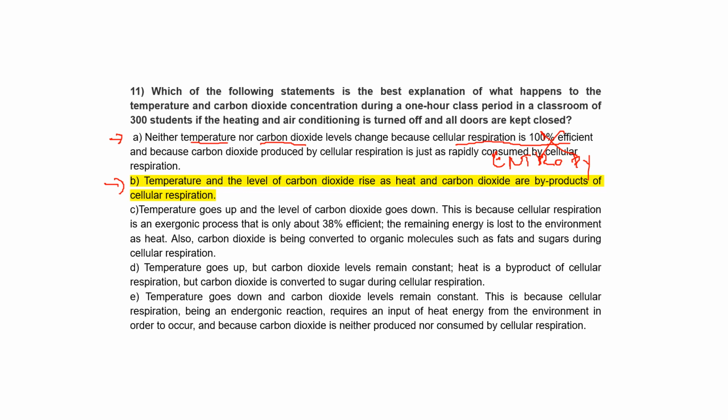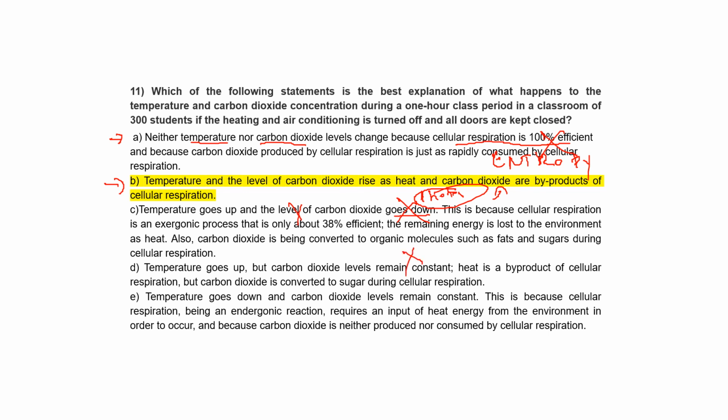Then, the temperature goes up and the level of the carbon dioxide goes down. This is just wrong because it's in photosynthesis, but even in photosynthesis we will have a cellular respiration too. So yeah, this is wrong. The temperature goes up, but carbon dioxide remains constant.